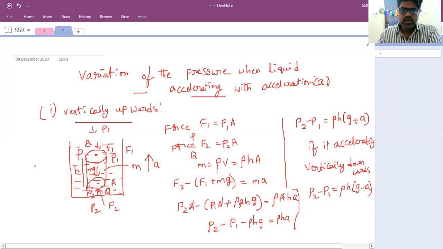Next, if it is accelerating horizontally, let us see what the pressure difference is. So that was the second case, accelerating vertically downwards.